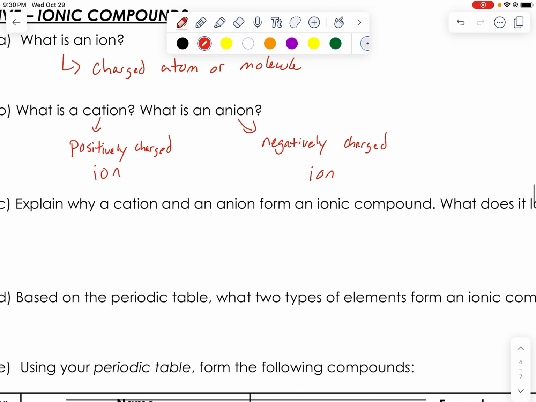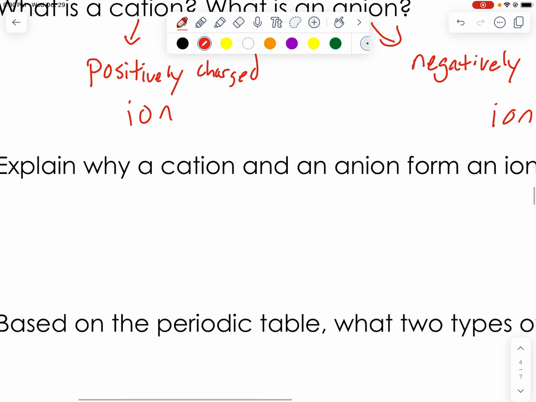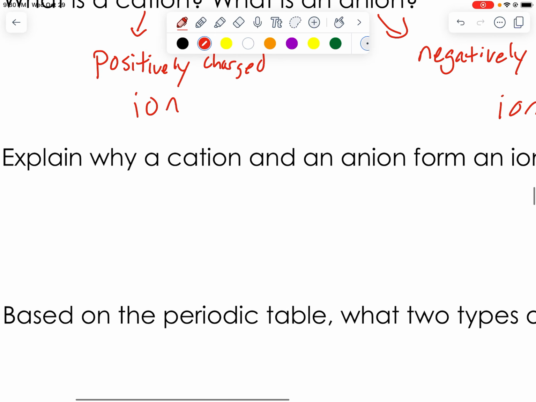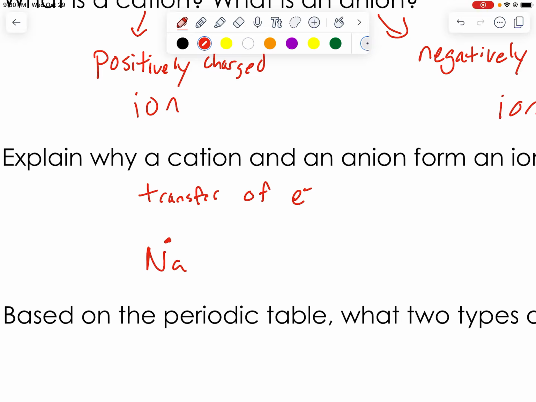What does it look like? So when you have a cation and anion forming an ionic compound, what's happening is you get a transfer of electrons. How this occurs is you might have sodium that has 1 valence, and then chlorine, which has 7 valence. Both of them want to achieve the octet rule. Sodium gladly donates 1 electron to chlorine, and chlorine wants to get to 8, so it gladly accepts.